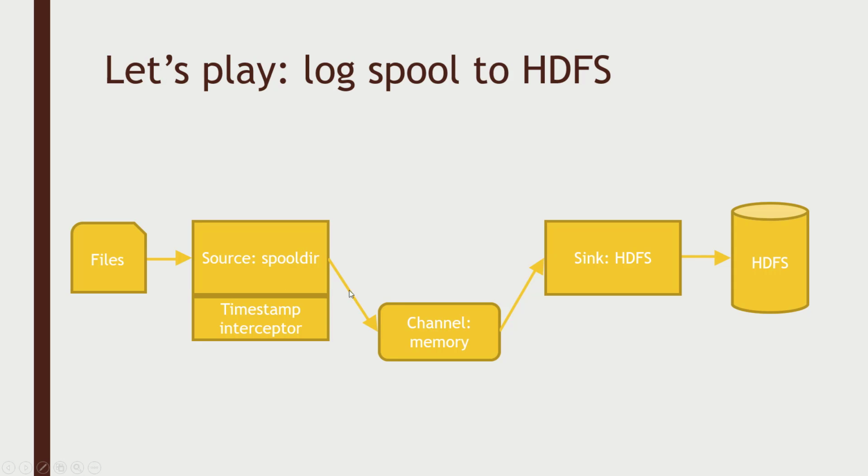That will all get pushed through a memory channel again and go to an HDFS sink, which we'll configure not only to write that data into an HDFS directory, but into a directory hierarchy that has the year, month, date, and 10-minute interval that data was generated within. So that's a scalable way of organizing this sort of data and something you might see in the real world. So let's dive in and start playing around with Flume.